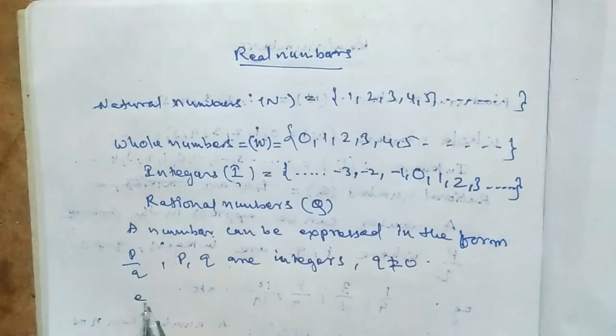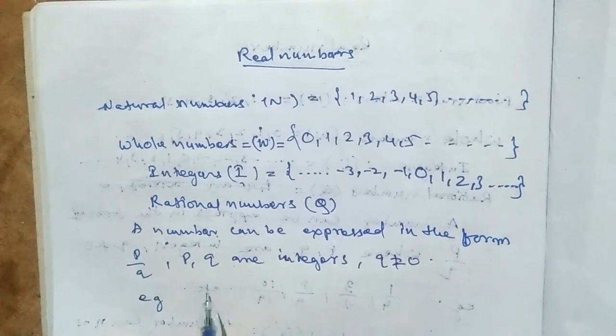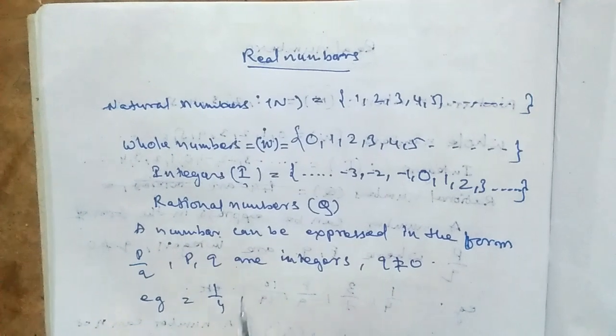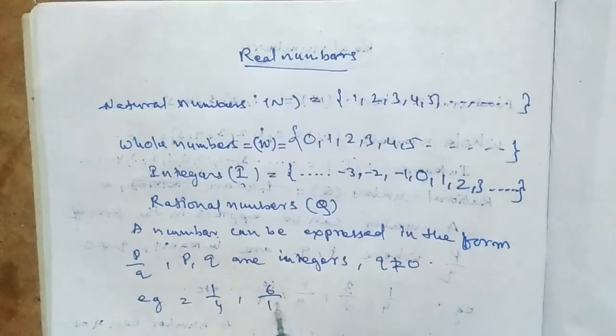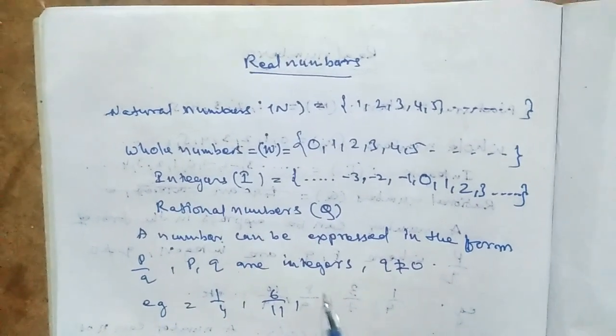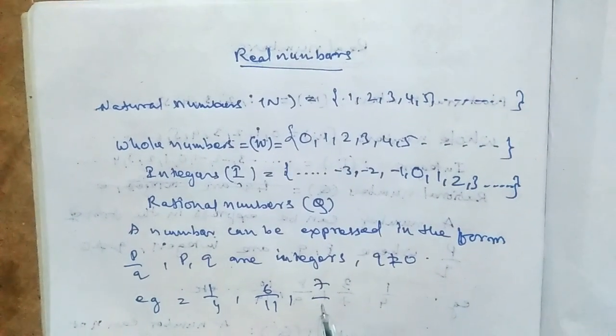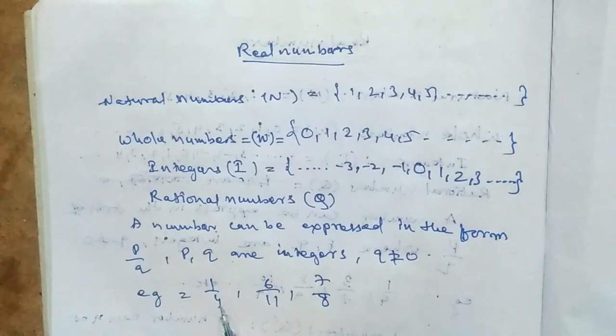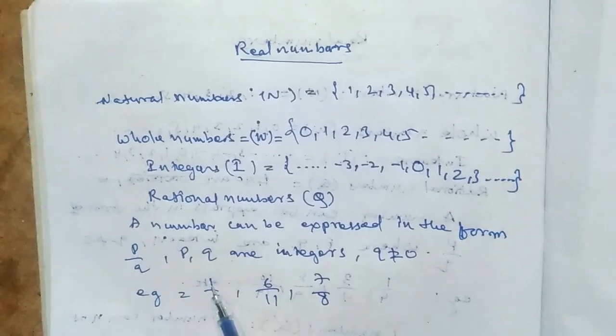For example, 1 by 4, 6 by 11, 7 by 8. You can observe 1 is an integer, 4 is also an integer.